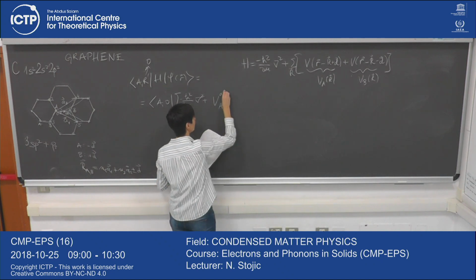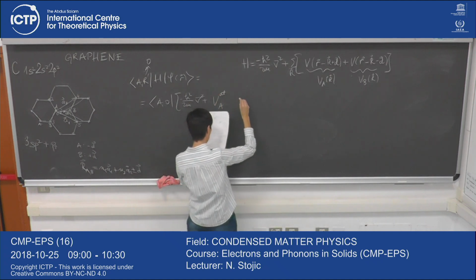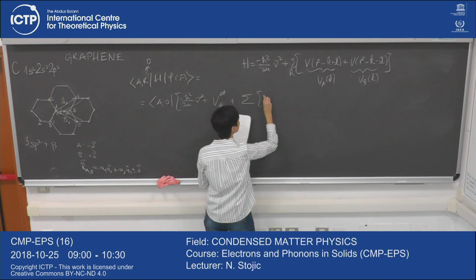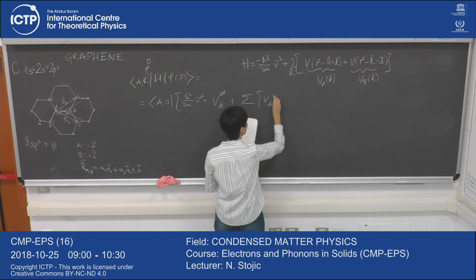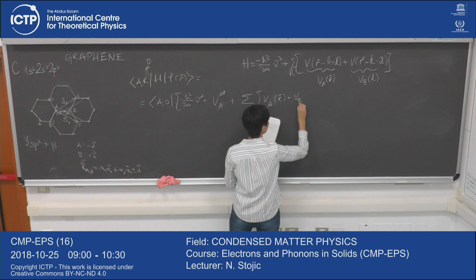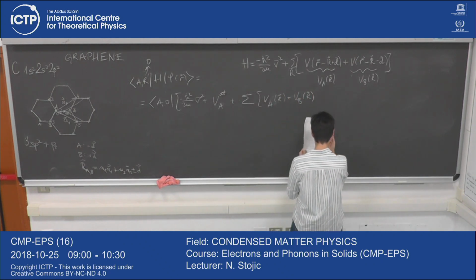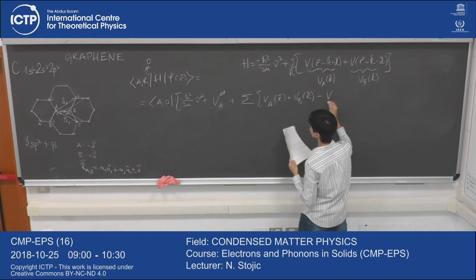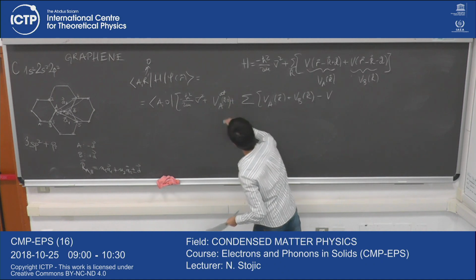The A atomic at the 0 position. Plus the sum of these two. I'll call it VA of R plus VB of R minus V. Let's put R equals 0 not to confuse you.